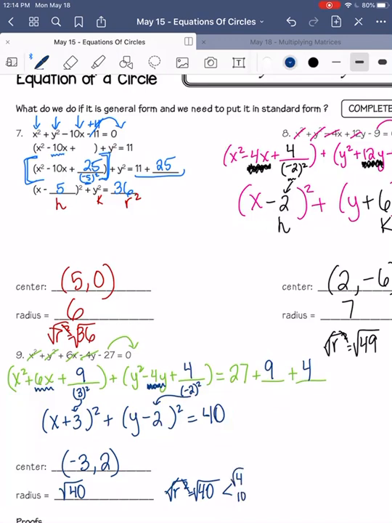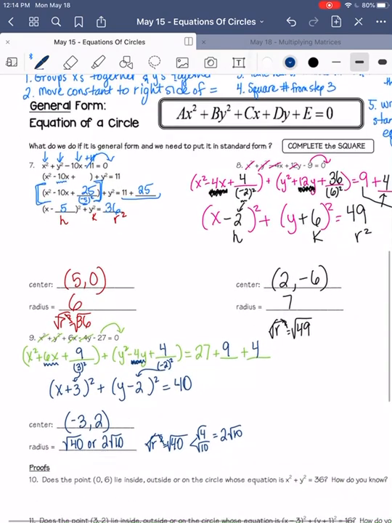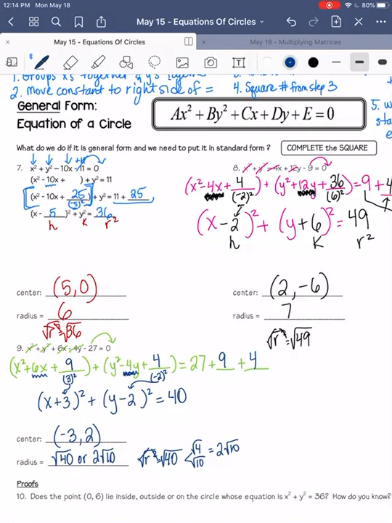So 4 times 10. And which of those numbers is a perfect square? Well, 4 is a perfect square, right? So it should equal 2 root 10. So the best answer is 2 root 10, although I would accept root 40 as well at this point in the game. Okay? So that's called completing the square.